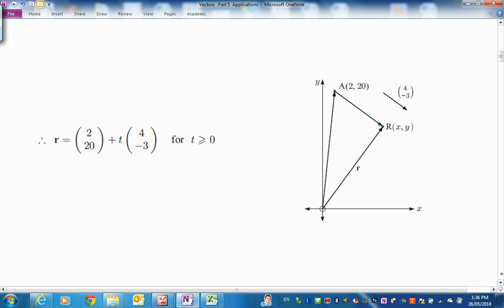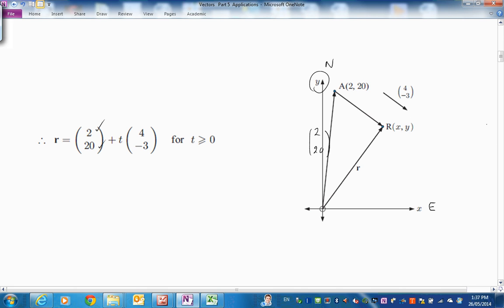Okay, so here it is in 2 dimensions. We're setting off in the direction 2, 20. So what could that mean? That could mean 2 kilometres east and 20 kilometres north. We usually let this be east and north in 2 dimensions.